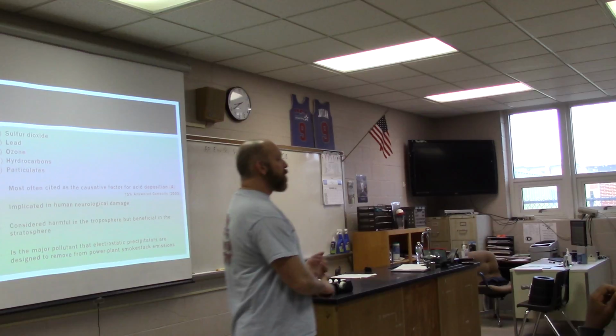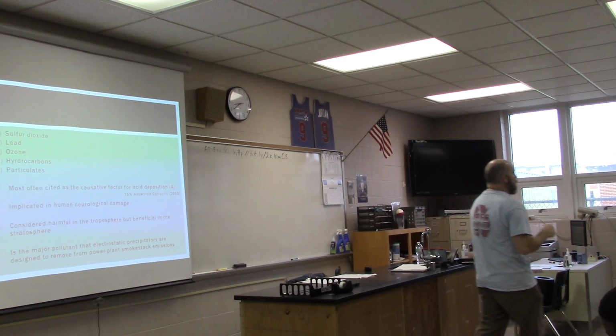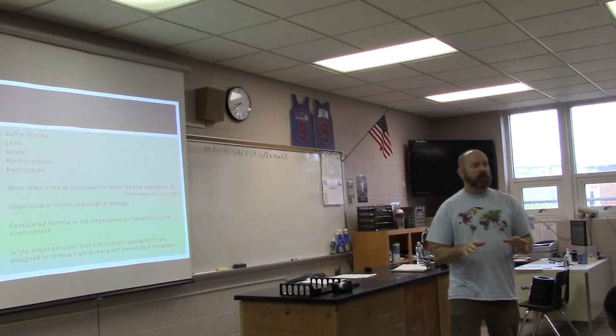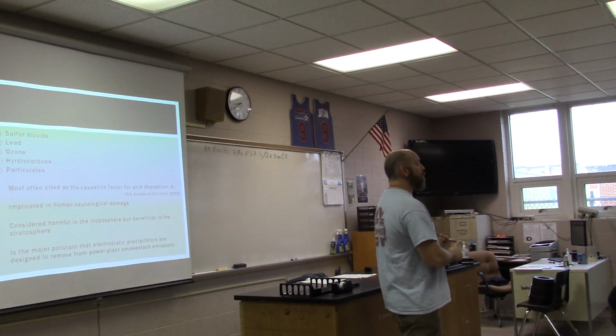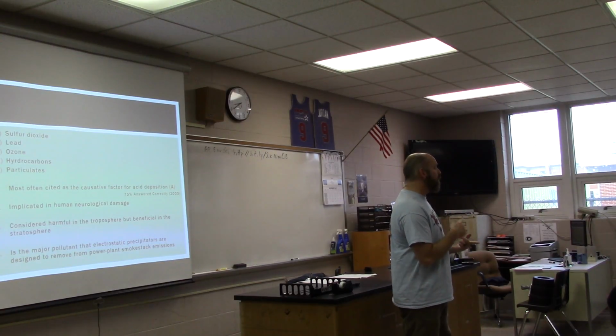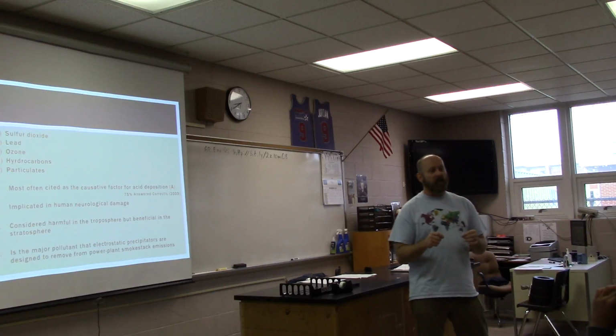So one thing to remember, and I've seen this question a bunch, when you're looking at fossil fuels, there are three main fossil fuels: coal, oil, and natural gas. Coal is the worst of those as far as environmentally and health-wise. It's the dirtiest. And there are several things that happen when you burn coal.